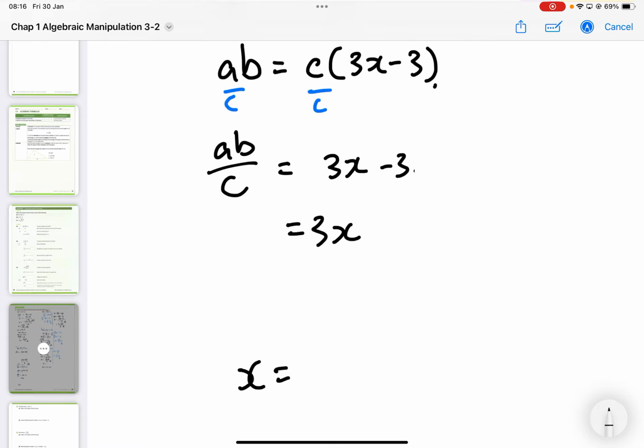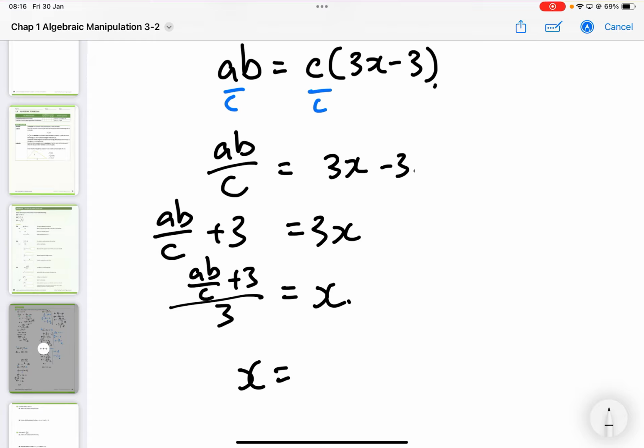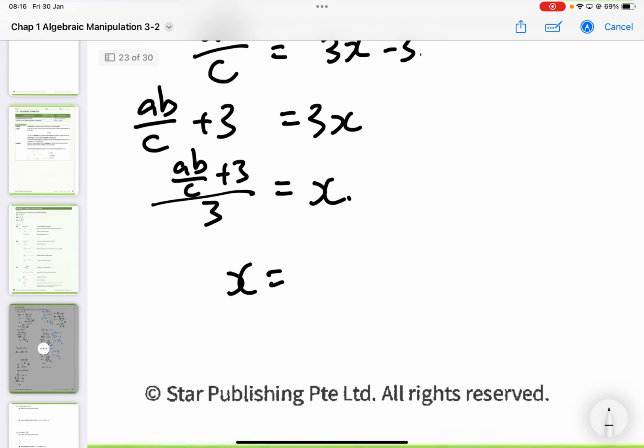Minus 3 on both sides. And then finally, I want 1x, I don't want 3x. Then if left is the same as right, right is the same as left. Okay? The answer may not look nice, but it will be accepted.